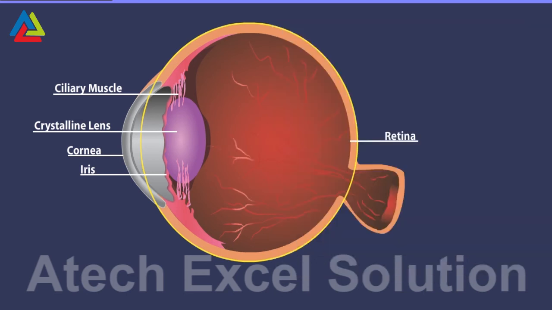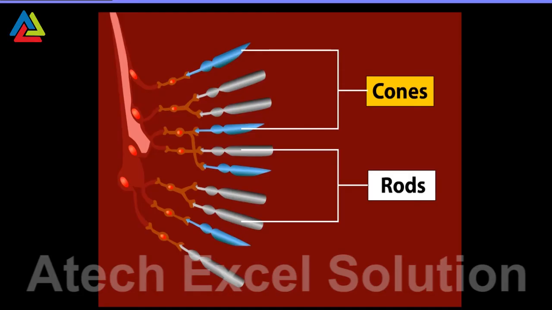The eye lens forms an inverted real image of object on an important structure called retina. It is a delicate inner membrane on the back wall of the eyeball. It contains light-sensitive cells called rods and cones.